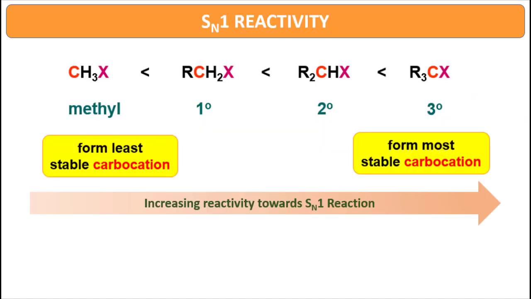The order of reactivity in SN1 reactions depends on the stability of the carbocation formed. Since the tertiary carbocation is the most stable carbocation, it has the highest reactivity towards SN1 reaction. And since the methyl halide forms the least stable carbocation, it can be considered unreactive towards SN1 reaction.